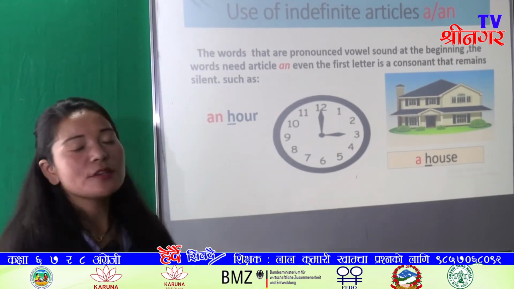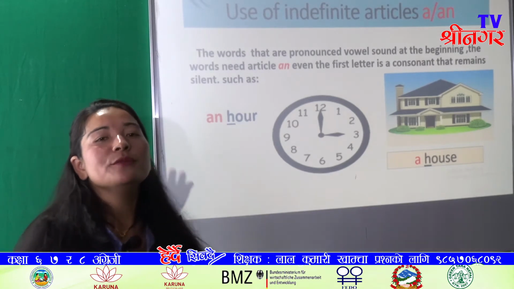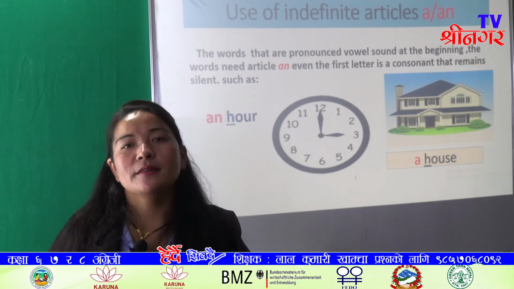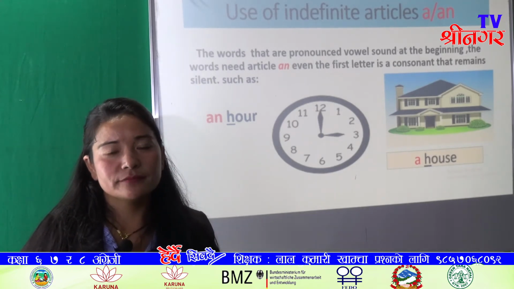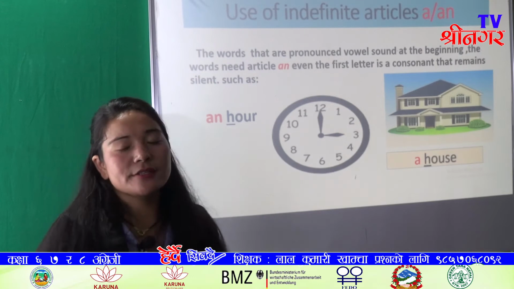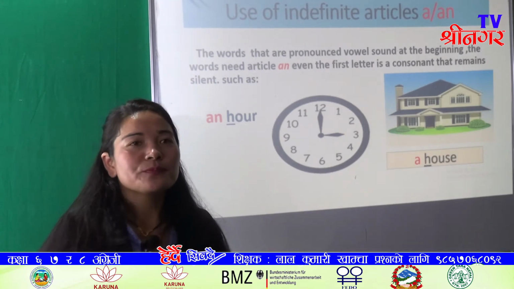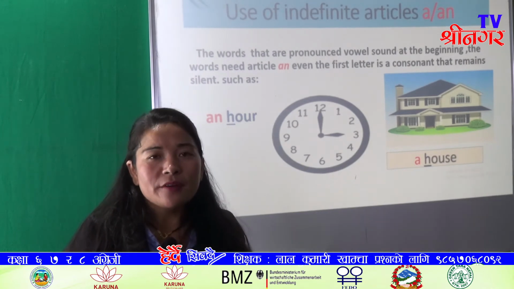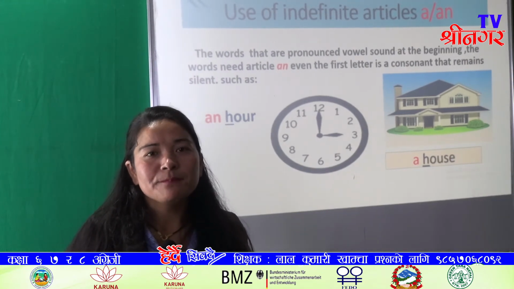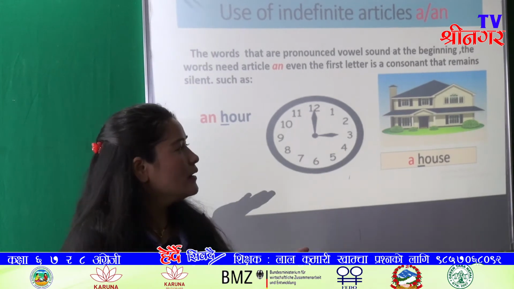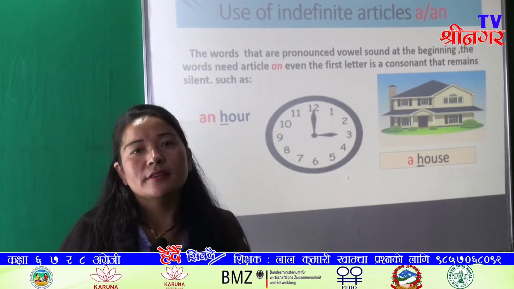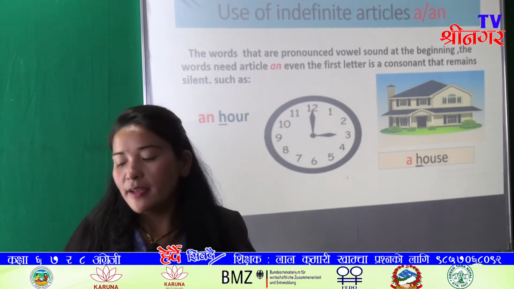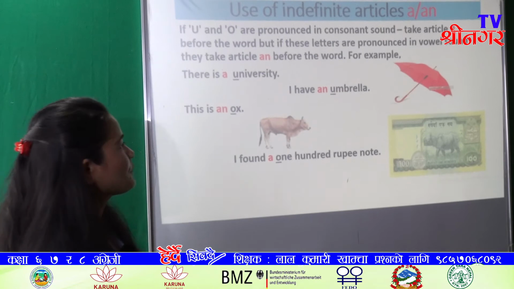There are lots of words which start with a consonant letter but we have to pronounce them with a vowel sound, and there are some words which start with a vowel letter but we pronounce them with a consonant sound. Okay, let's see some examples.